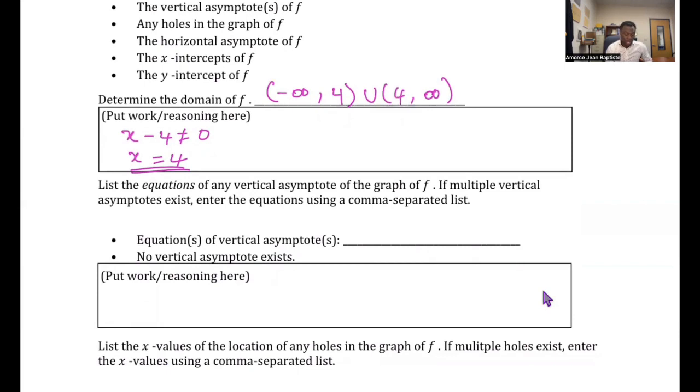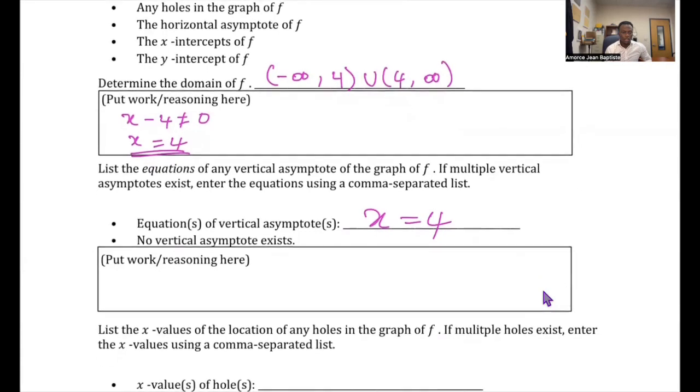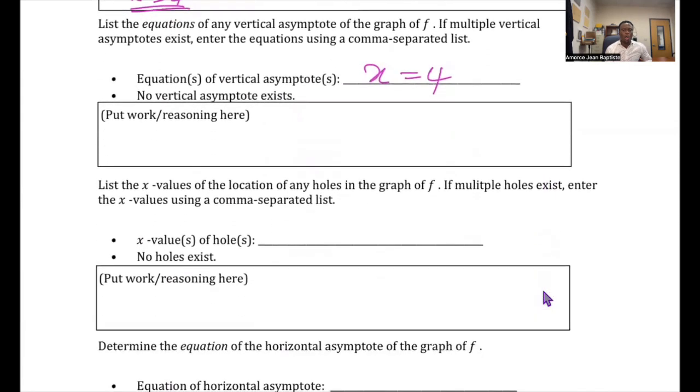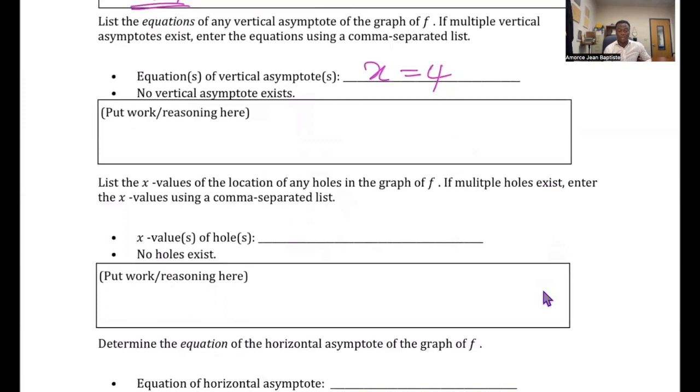Well, the same value x equals 4 you excluded from the domain will be the equation of your vertical asymptote. And if you had two values excluded, you would have two vertical asymptote equations. Any hole? Well, we didn't cancel any factor, so no holes.